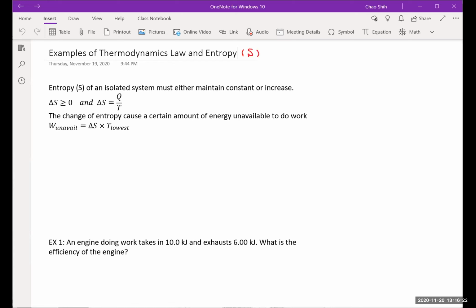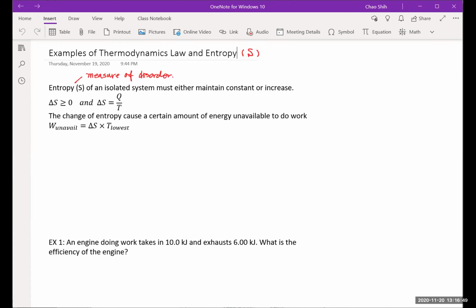And the entropy, if you read a book or watch the video or watch the pre-lecture, they will tell you what the entropy means. The entropy, in simple words, is a measure of disorder.